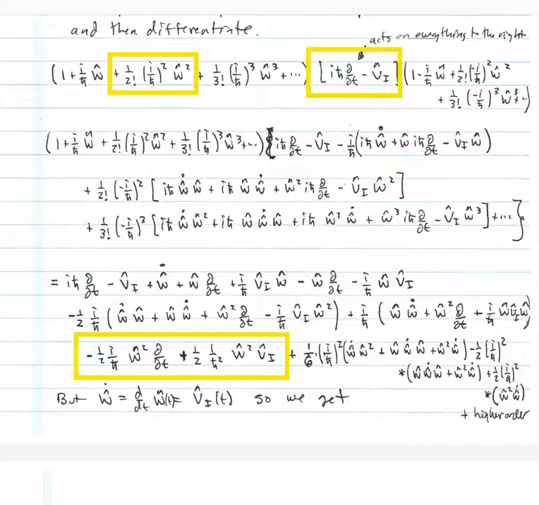And that's going to be, again, minus 1/2 i over h bar w squared d by dt plus 1/2 1 over h bar squared w squared times vi.